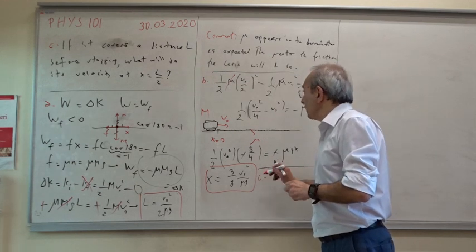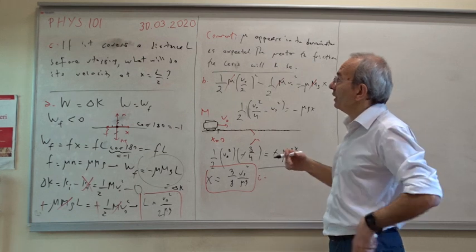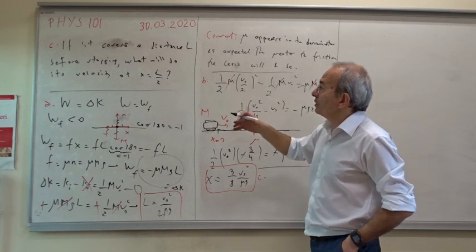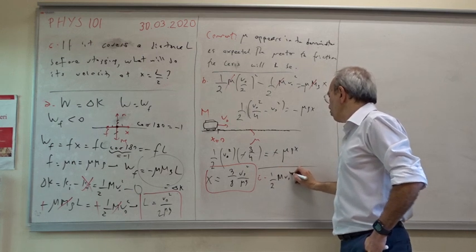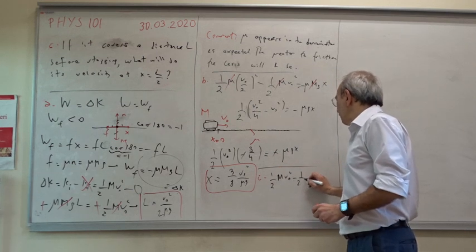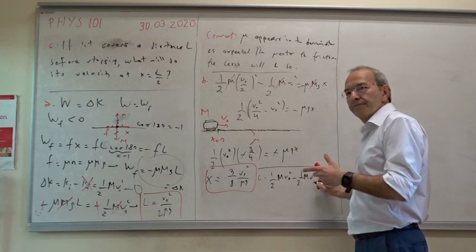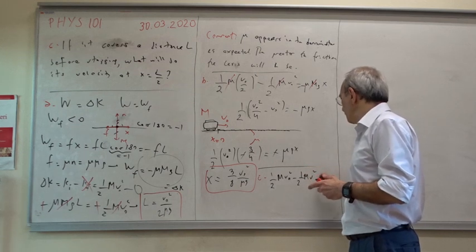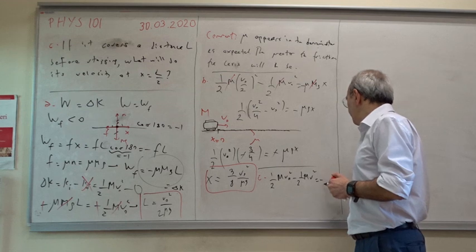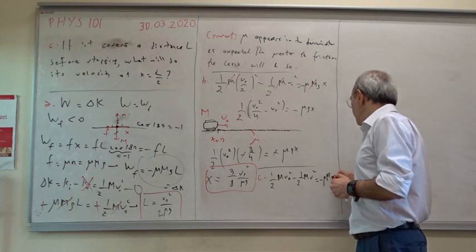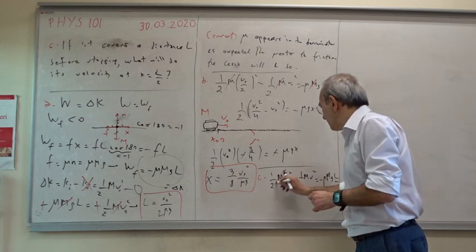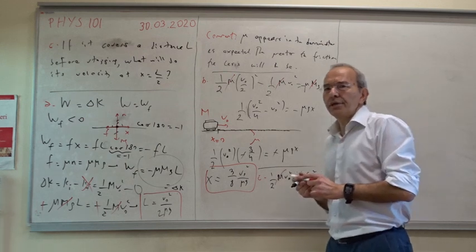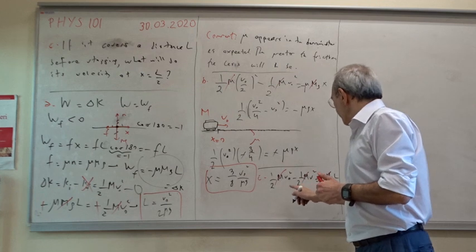Let me finally get the final part. If it covers the distance L before stopping, what is the velocity at L over 2? 1/2 m v0 squared minus 1/2 m v, whatever this v is, is just minus mu mg L over 2. Again, cancel the masses. So mass doesn't enter in these calculations.